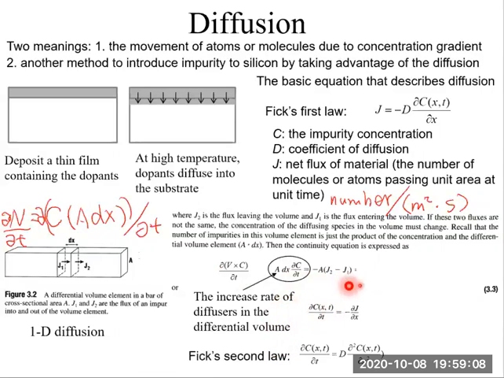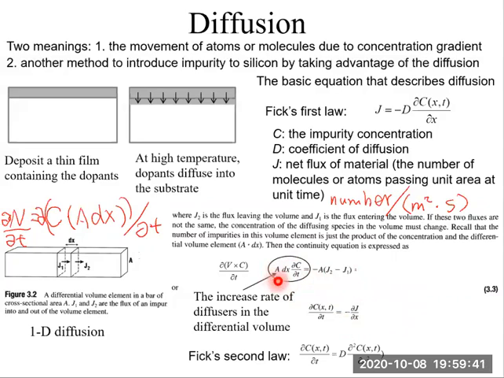The right side is negative A times (J2 minus J1). If J2 is equal to J1, the increase rate is 0, so C is constant. But if J2 is not equal to J1, then C must change with time. So partial C over partial t is not 0.